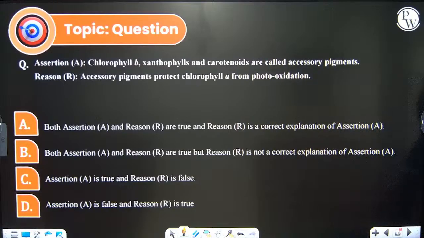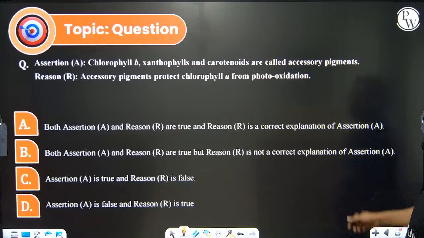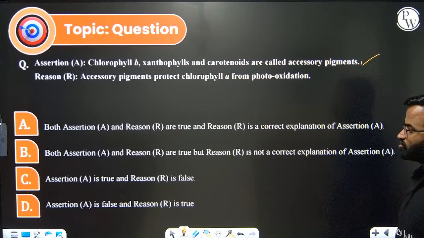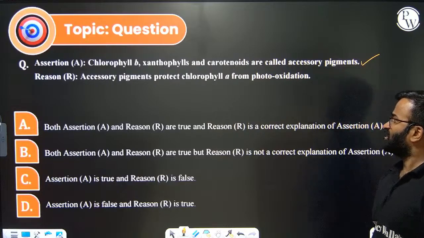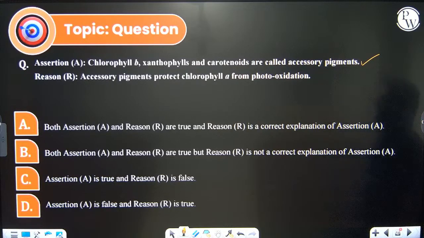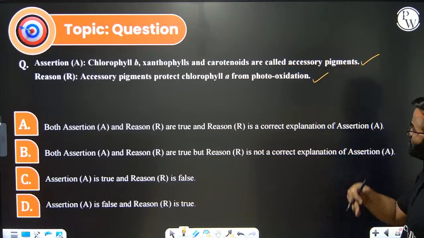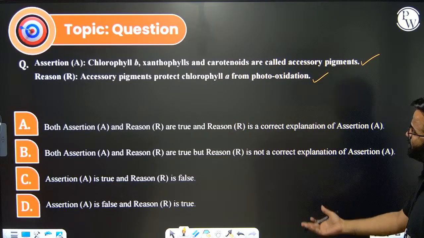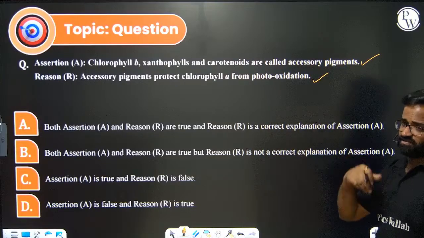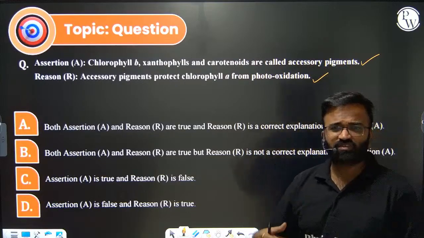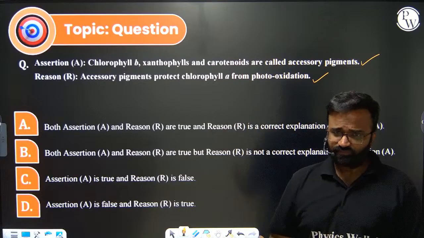Next, chlorophyll B, xanthophylls and carotenoids are called accessory pigments, which is true as a statement. Accessory pigments protect chlorophyll A from photooxidation, which is true, but it is not explaining why they are called accessory pigments. Why? Because the reaction center is the main one.